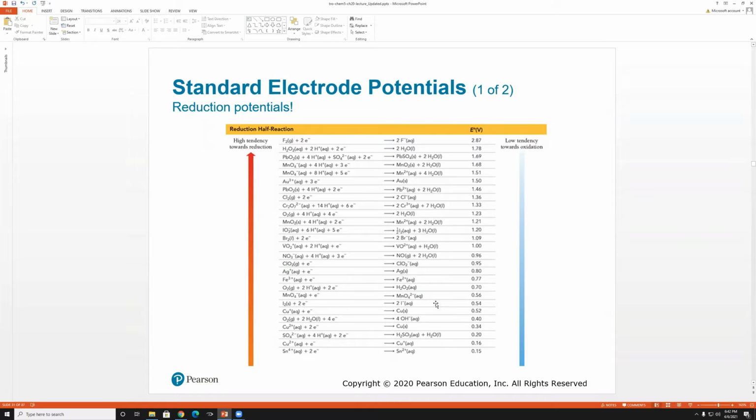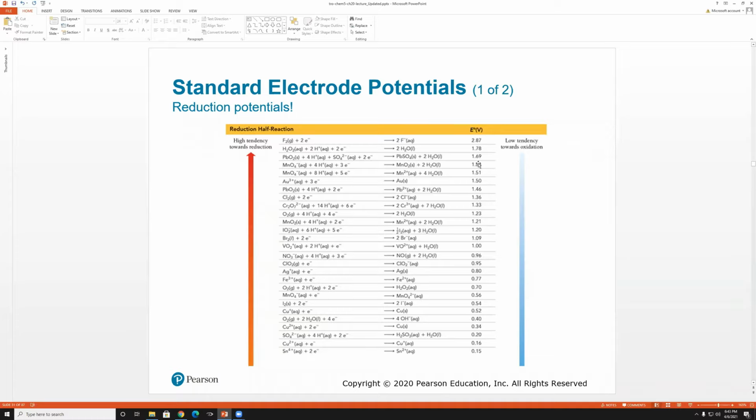But it's easy to do, but don't try to do too much. So think about it in very simplistic terms. You have all of these equations listed are reduction. So this means this E naught is the standard reduction potential in volts.